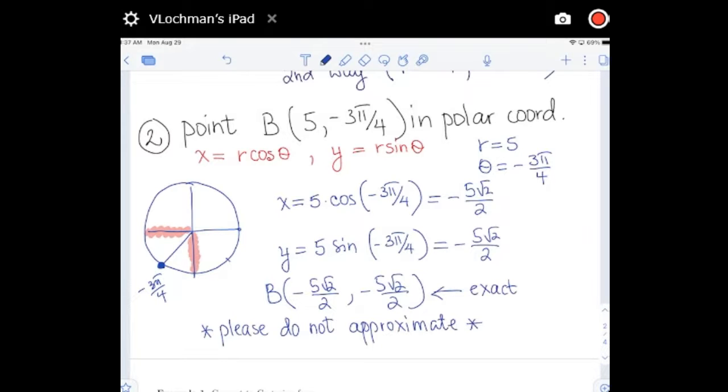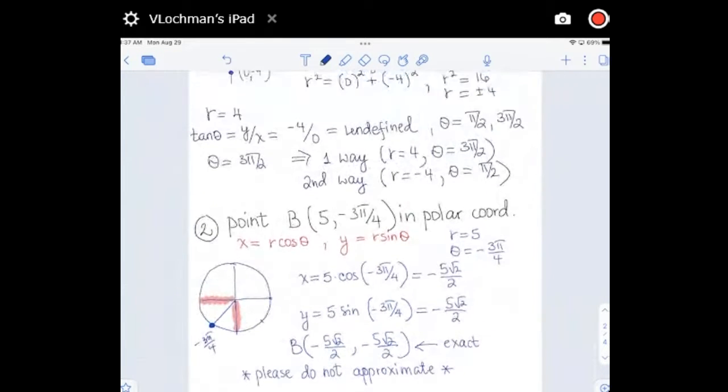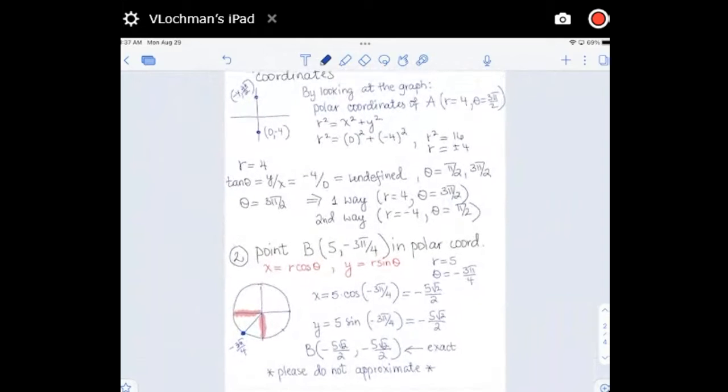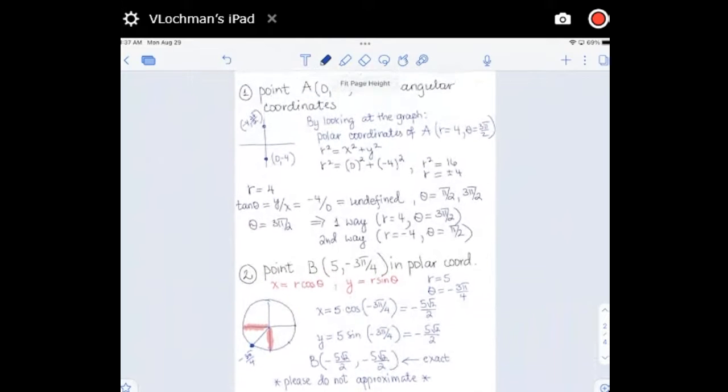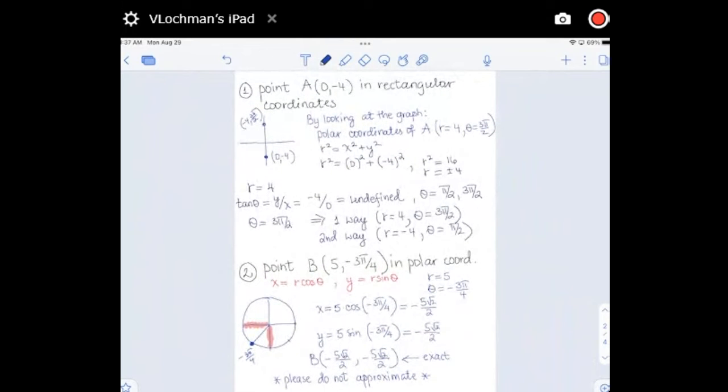Some of those will ask you for different values of theta, so if you need to review your unit circle, that's something you might want to do, or you can just look it up on a table. So these are two ways, one going from polar to rectangular, another from rectangular to polar.